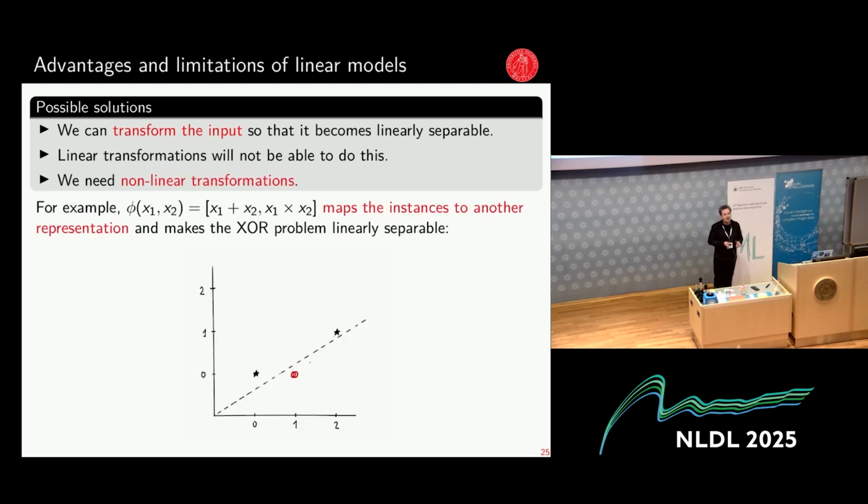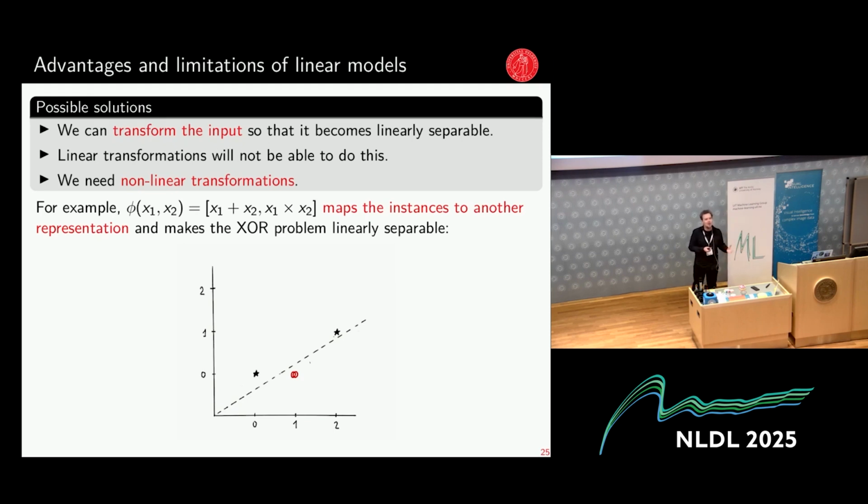For example, after some experimentation, you can find out that if you apply this function on the slide to this dataset, the first feature becomes x1 plus x2, and the second feature becomes x1 times x2. If you transform all the data points, all the instances in this dataset using this function, then the dataset becomes linearly separable.